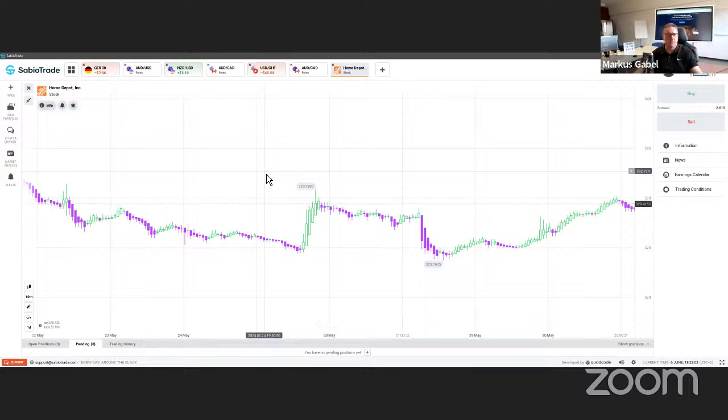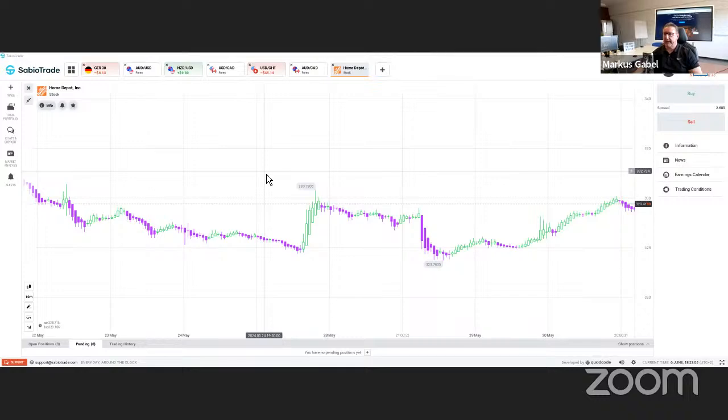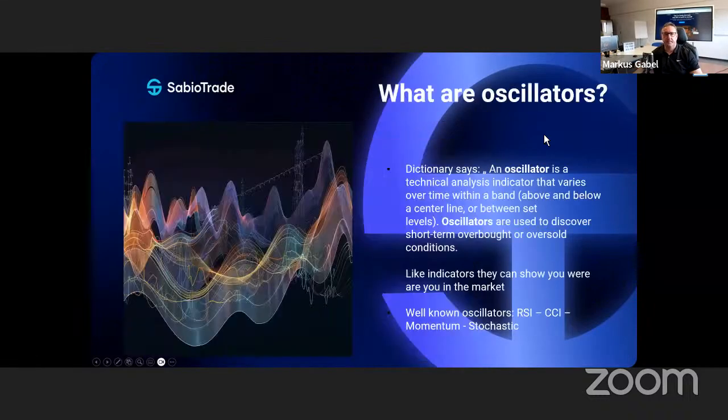Okay, so let's switch again to continue. There are indicators and there are oscillators. So what is an oscillator? Let's ask the dictionary again. An oscillator is a technical analysis indicator that varies over time within a band above and below a center line or between set levels.